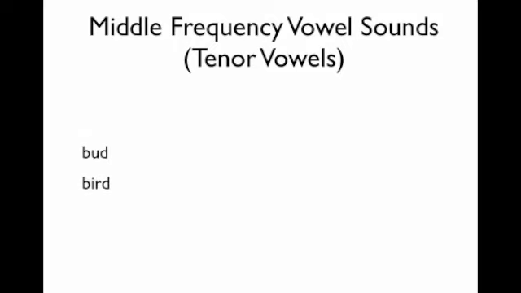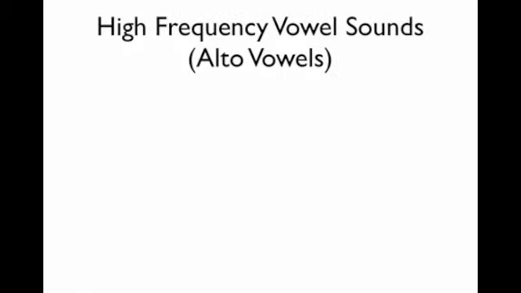Bud, bird, bat, bet, bit. Let's take a look at the high frequency vowel sounds, or your alto vowels. By, bay, bee. Now, if you were to go through this vowel scale from the low to the high or the high to the low, you would actually feel the vibration in your body rising and lowering accordingly.